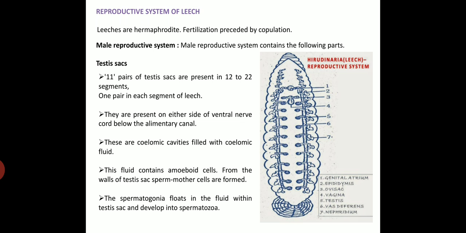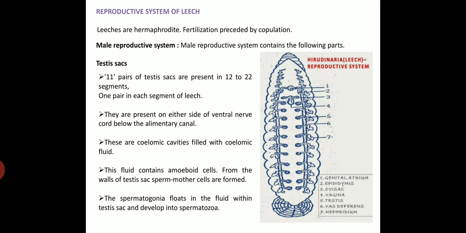They are present on either side of the ventral nerve cord, which is present below the alimentary canal. These are coelomic cavities and they are filled with coelomic fluid. This fluid contains amoeboid cells.